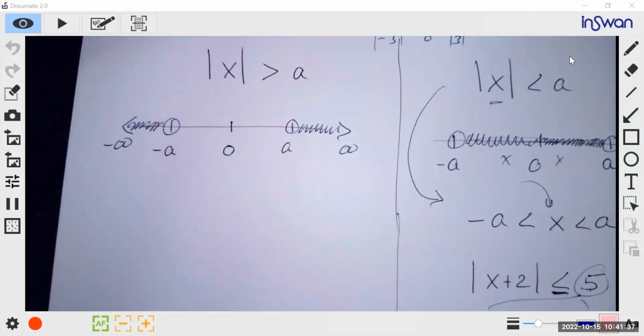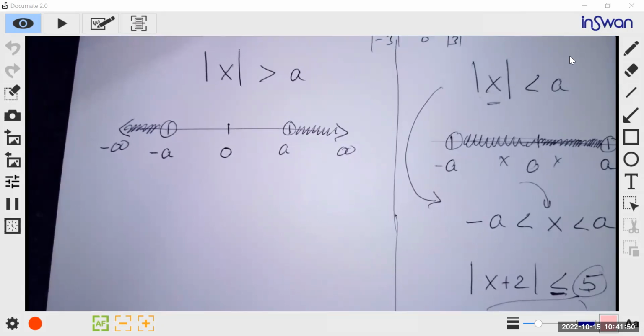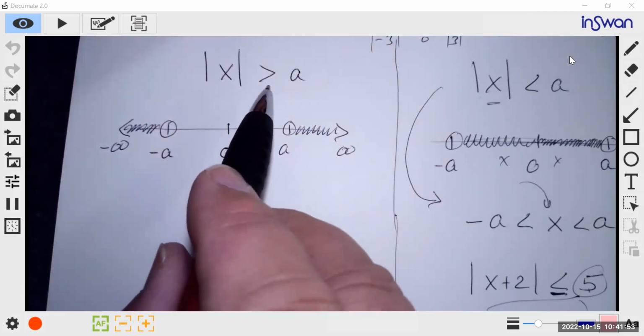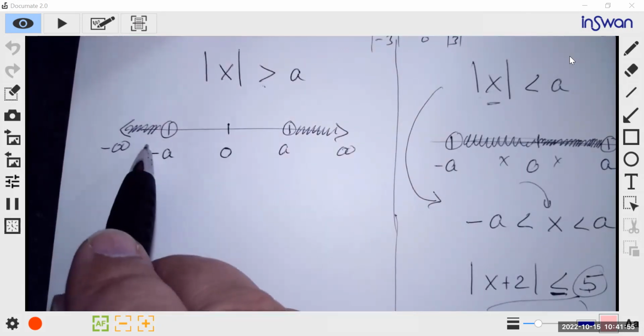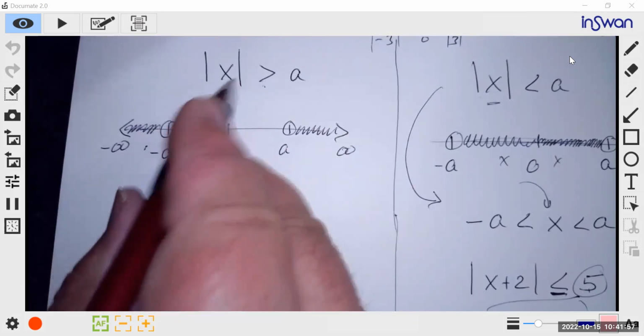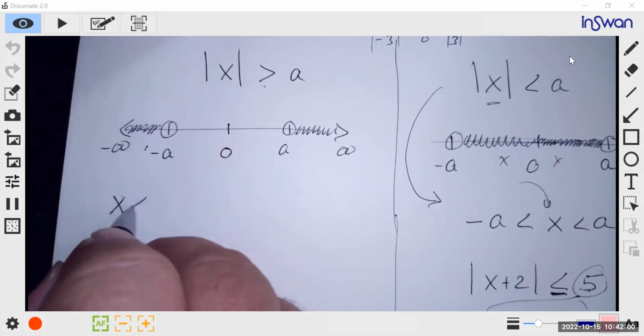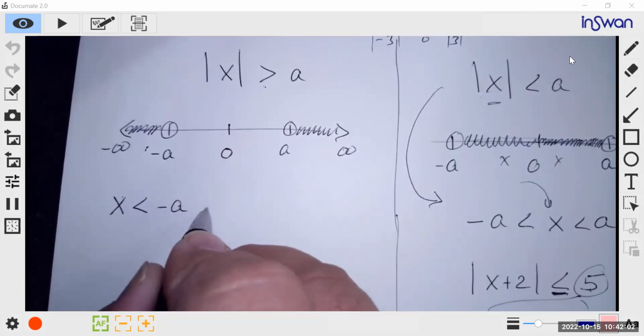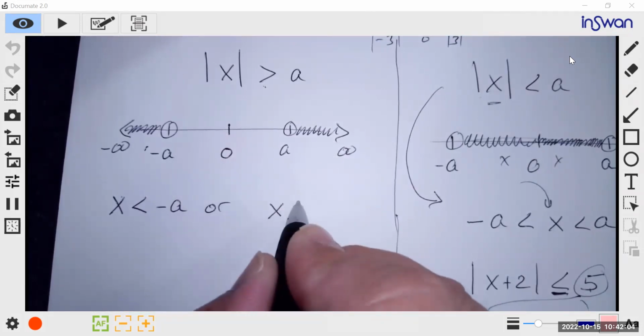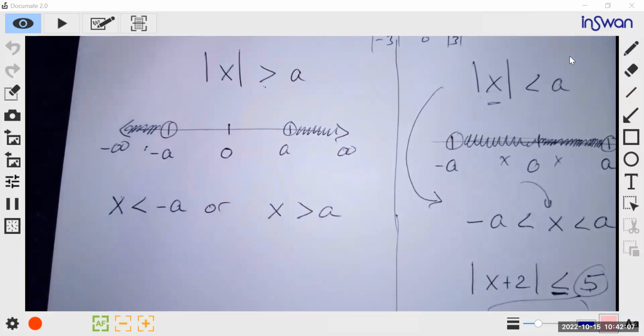It has to be less than. So if it's greater than, two things occur when we drop the absolute value: x can be less than negative a, or x can be greater than positive a. We're going in two different directions.